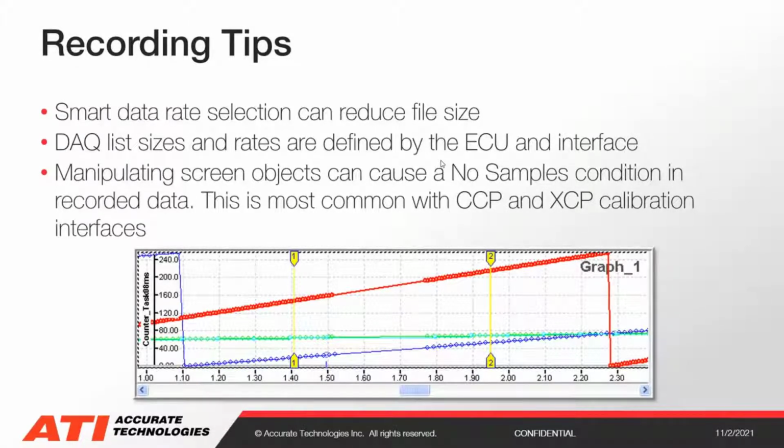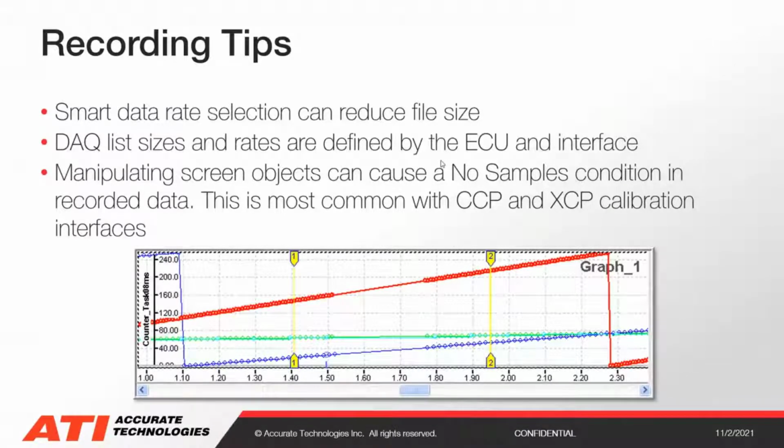So you probably don't need to record battery voltage at 500 microseconds, things like that. Smart data rate selection can reduce stress on VISION and also make reviewing your data a little bit easier.